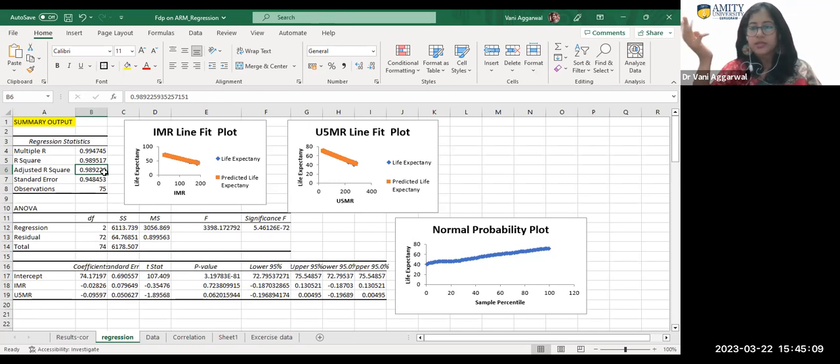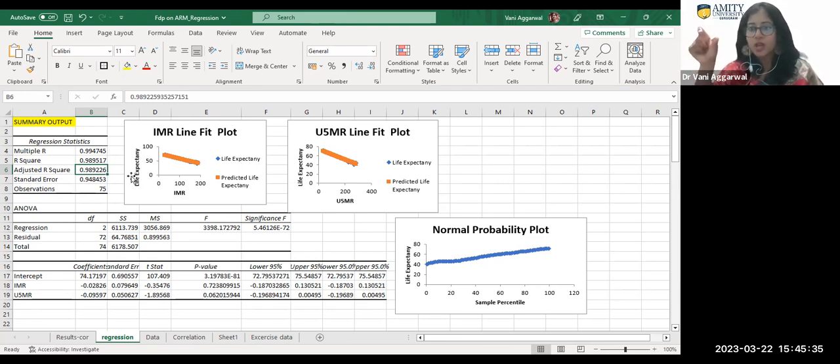Okay, then the standard error is a goodness of fit measure, right? It shows the precision of your regression analysis. The smaller the value, the more certain you are about your regression equation. So the less the standard error, the better for the model. This absolute measure shows the average distance. If you draw a regression line, there are points above the regression line and below the regression line.